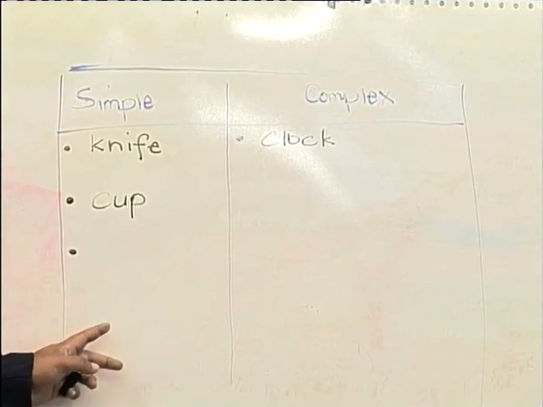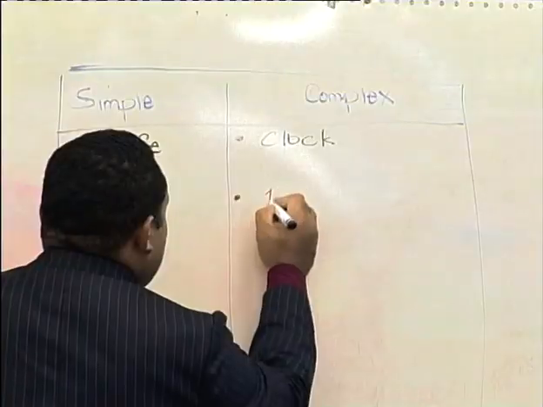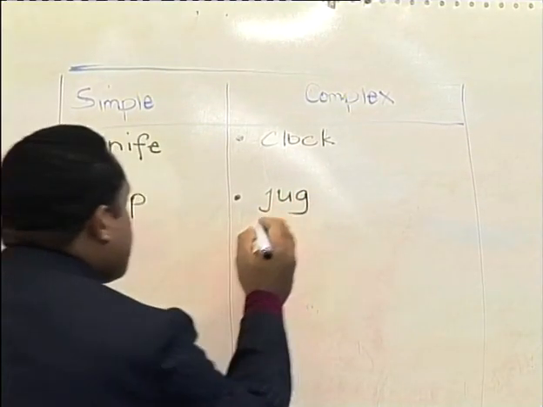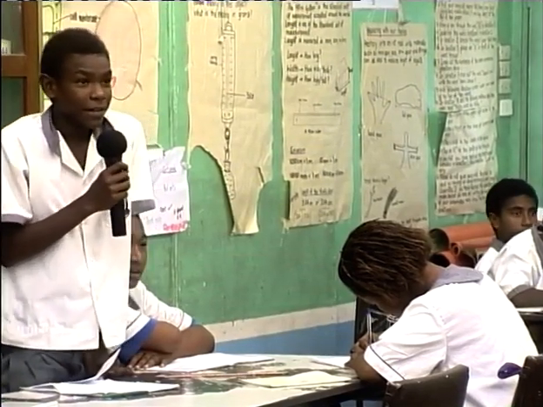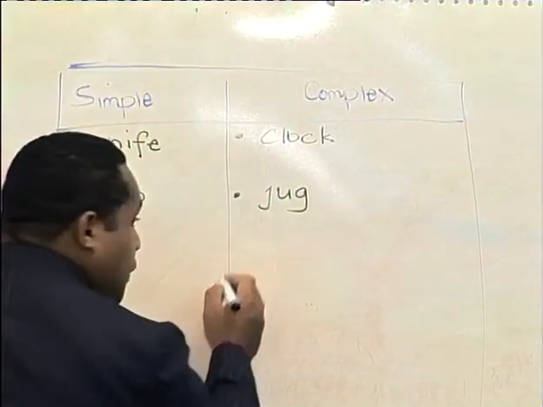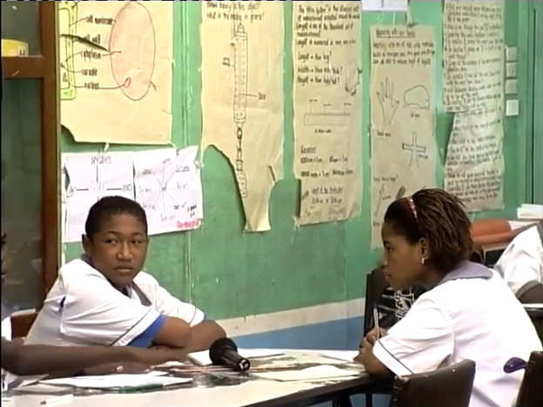How about complex? Jug. Okay, jug. Rudolph. Generator, okay? Generator will come under complex or simple?